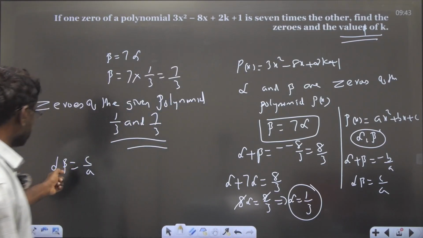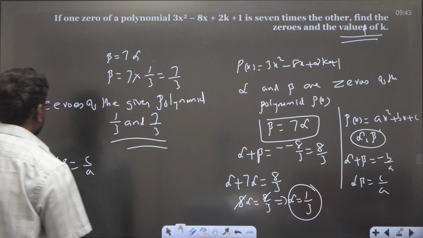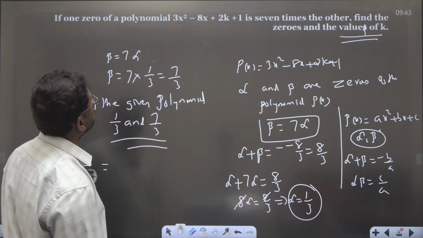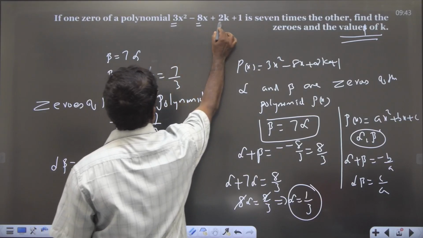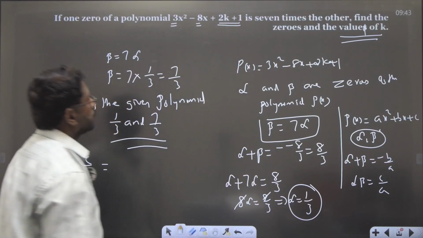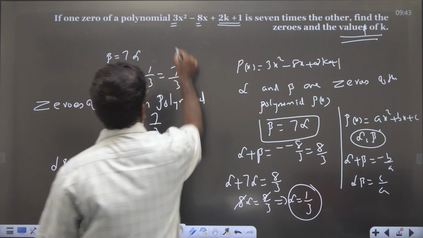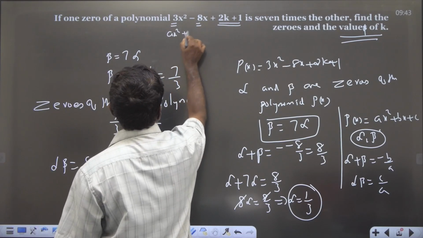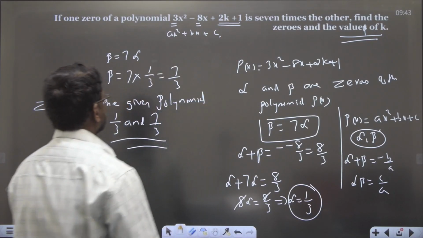So we can take this equation, alpha beta equal to c by a. In our question, what is c? This is a. This is b. This part is c. 2k plus 1 is the constant, that is c. Compare with ax square plus bx plus c. The c part is 2k plus 1.